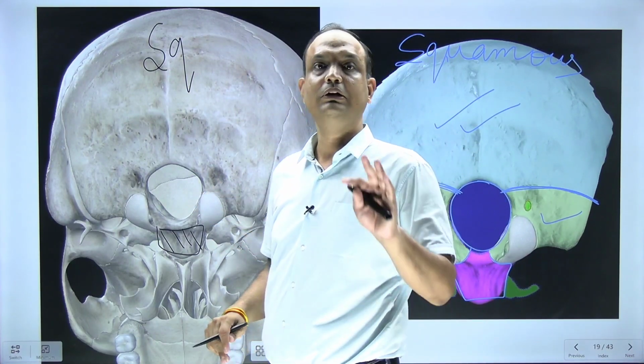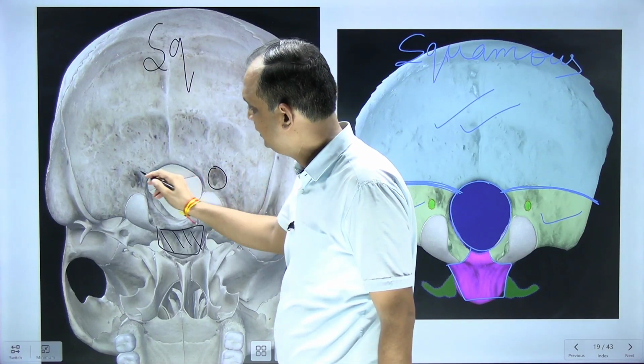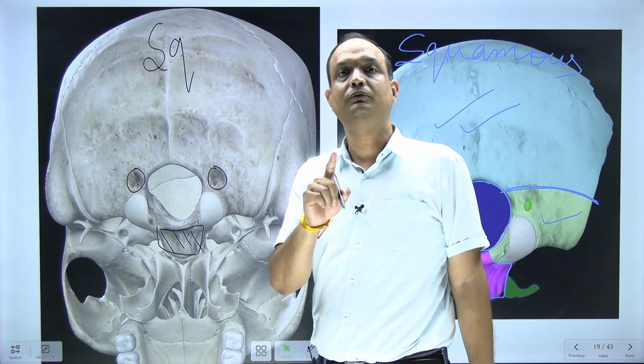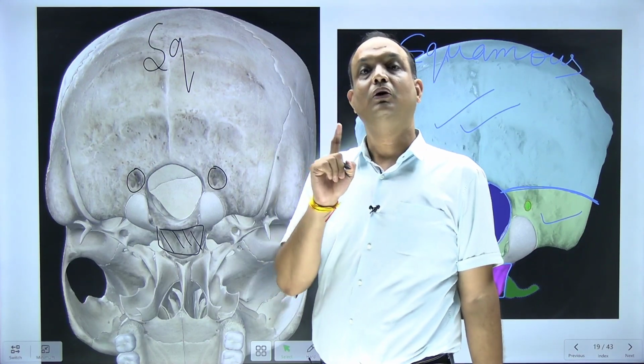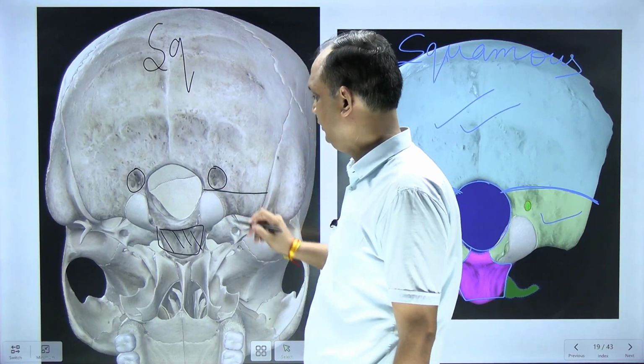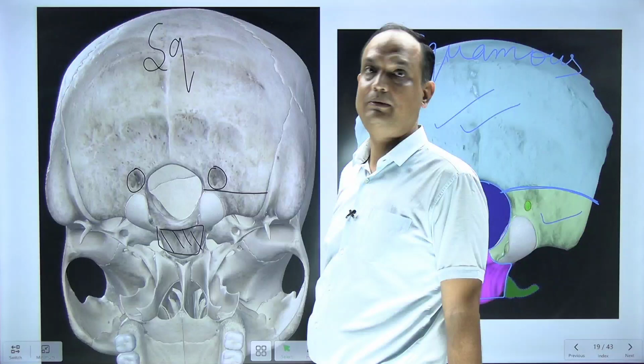Keep in mind that behind the condyles you have two depressions known as the condylar fossae, and these condylar fossae are also part of the condylar part. So you cannot draw the line here. If you draw the line here, then these fossae become part of the squamous area.